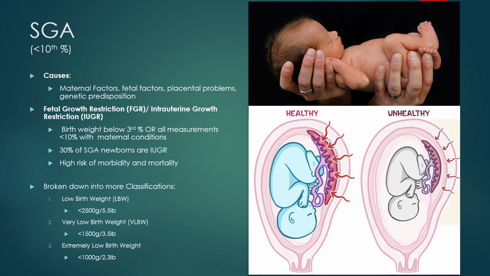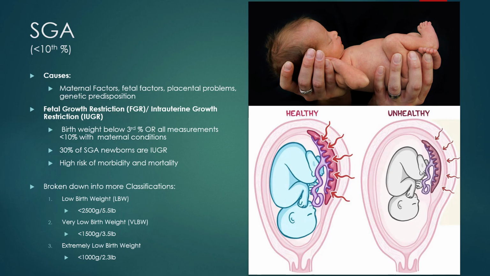They just kind of changed the terminology recently. Think of this as the environment in the uterus is not going to sustain the baby for very long. It becomes hostile, and this is extremely high risk for a stillborn baby.